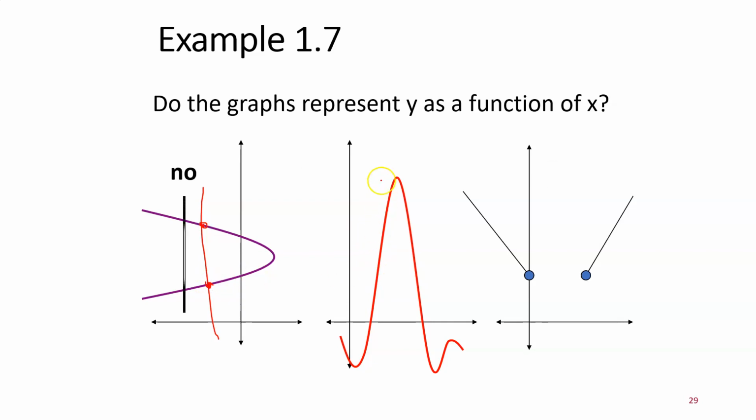How about the second one? When you cut through, it only cuts 1 point. Dia cuma sentuh 1 point saja, melalui 1 point saja. So this one is a function. And how about this? Yes, this one is also 1. Satu saja yang dia potong. So this is a function. Okay.